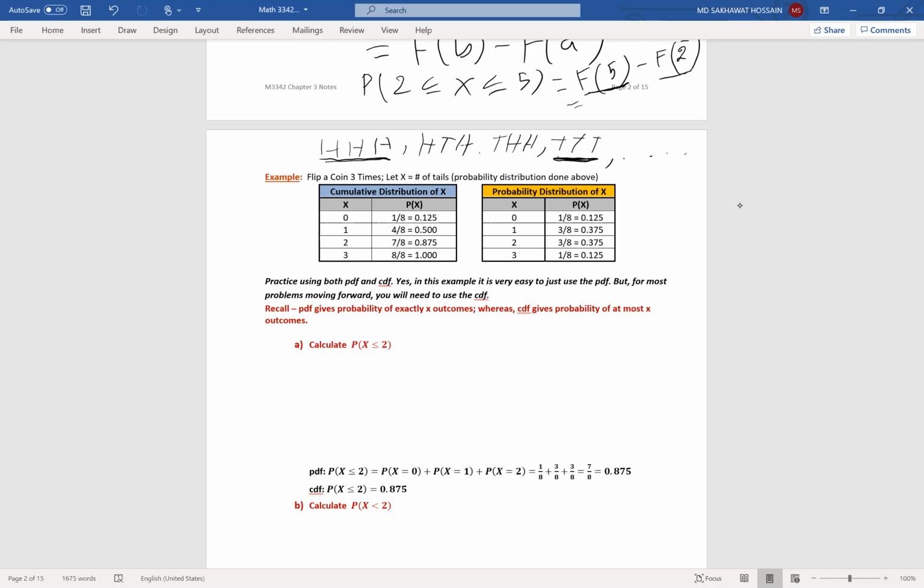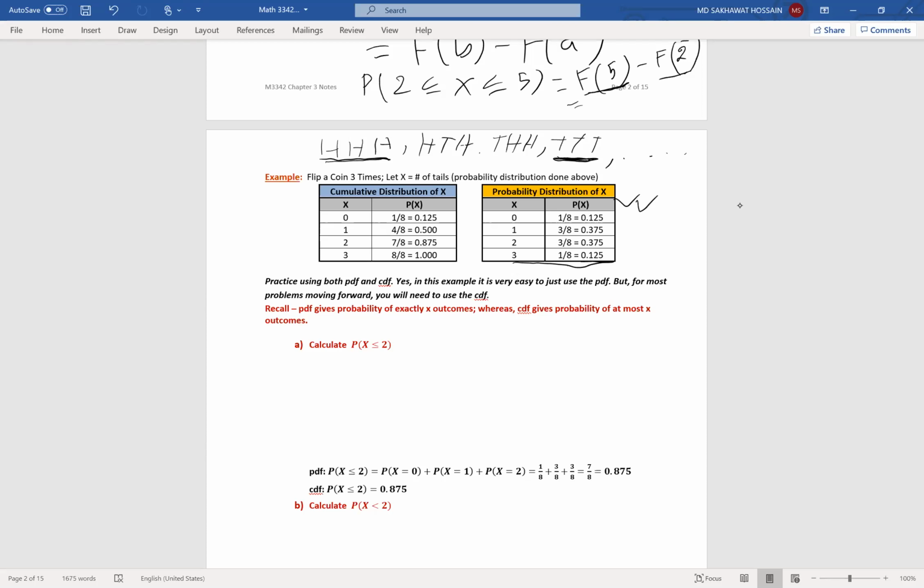When X is equal to 2, the probability is 7 over, oh, actually, this is not the probability. This is actually the cumulative probability distribution, and this one is the probability distribution. The total probability will be 1, so if you add them together, the total is 1. Now the question is, how did we calculate the cumulative probability?